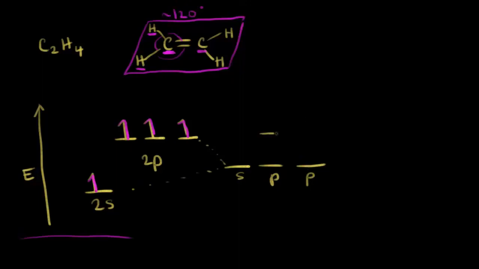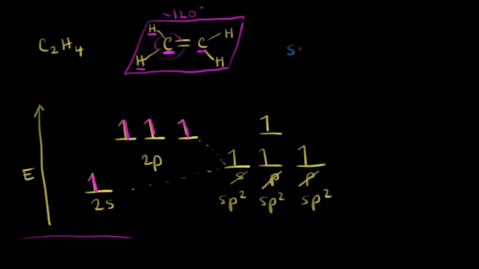That is going to leave one of our p orbitals unhybridized, so each one of these orbitals has 1 electron in it like that. And this is no longer an s orbital. This is an sp² hybrid orbital, right? This is no longer a p orbital. This is an sp² hybrid orbital, and same with this one, an sp² hybrid orbital. We call this sp² hybridization. So let me go ahead and write this up here. Let's use a different color here.